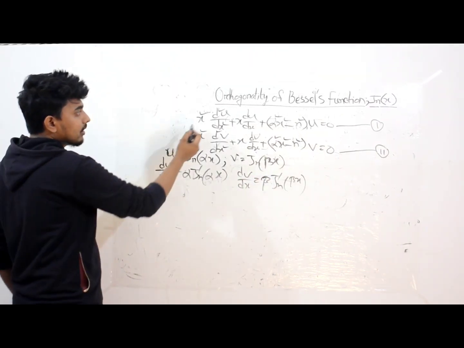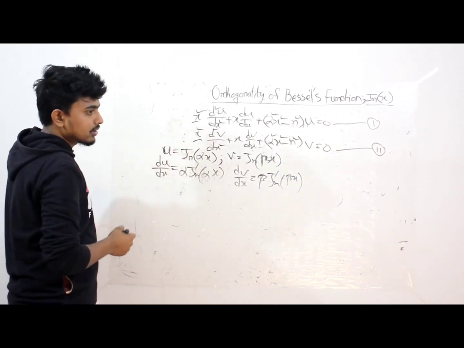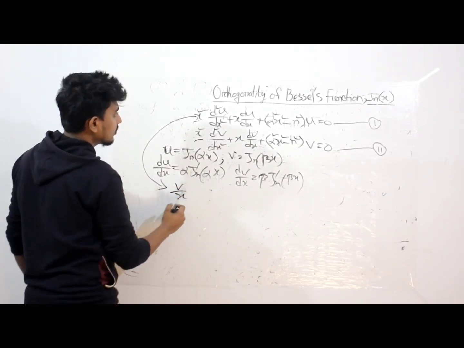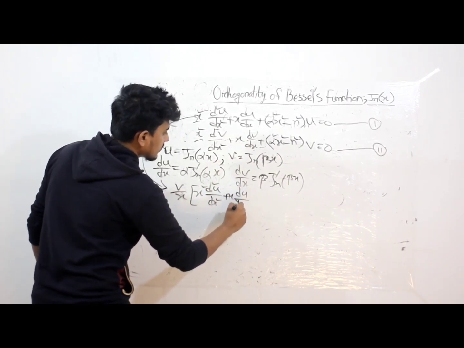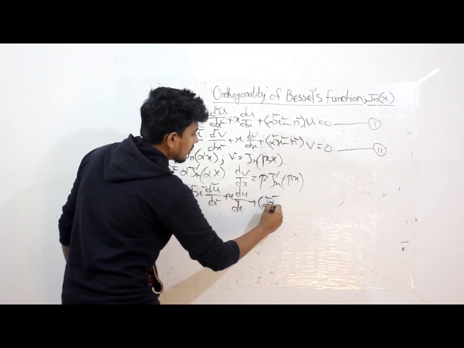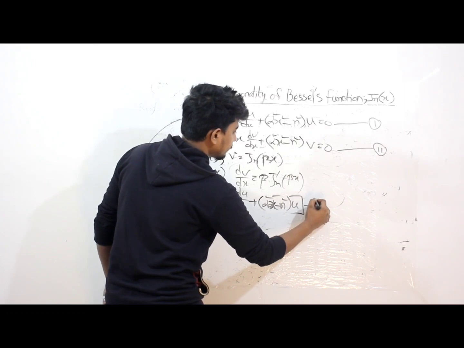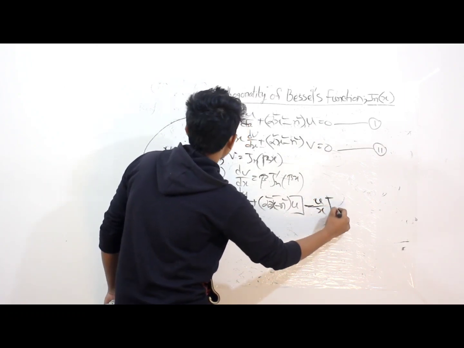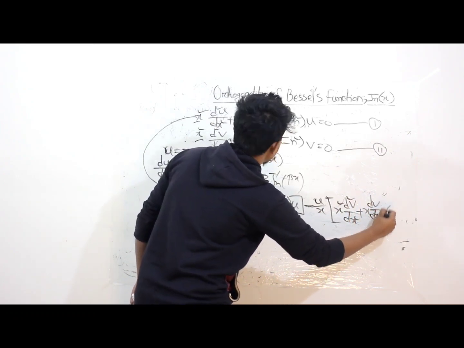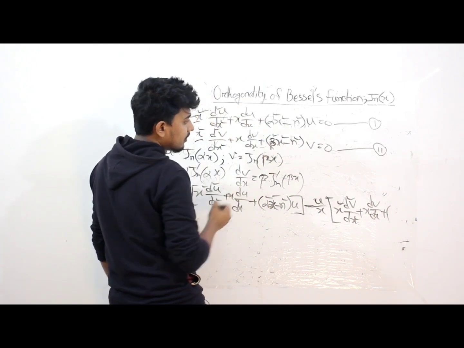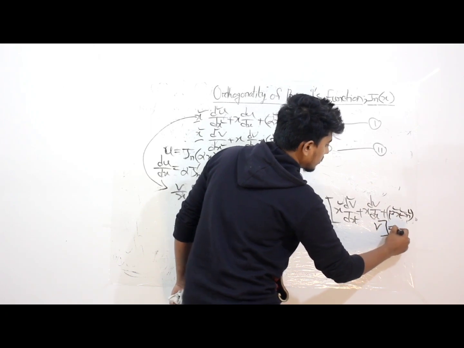We will multiply v by x into equation 1 and u by x into equation 2 respectively, and subtract them. So v by x into x square d square u by dx square plus x du by dx plus alpha square x square minus n square into u, minus u by x into x square d square v by dx square plus x dv by dx plus beta square x square minus n square into v, equals 0.